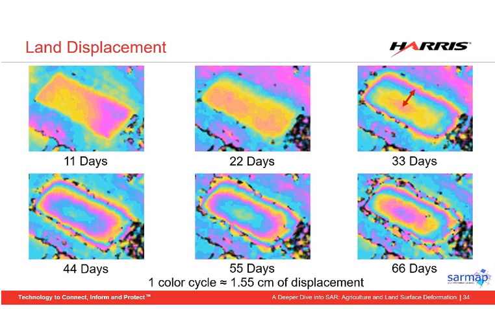What this shows is the change over time in the movement of the area. Every color cycle, which one example is shown on the far right image with that red line going from that pink magenta color to the other outlying pink magenta color, has a displacement of about 1.5 centimeters. So we can track these changes over long time periods to understand the surface displacement.